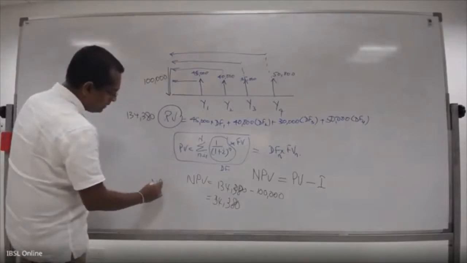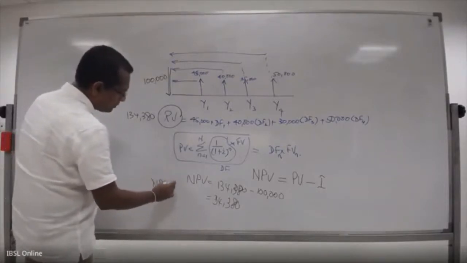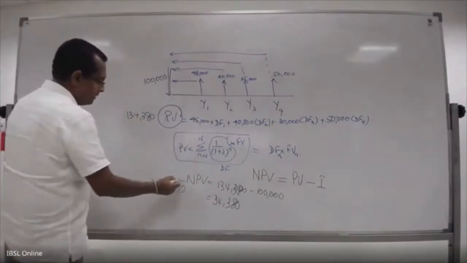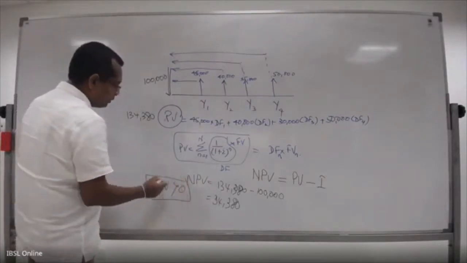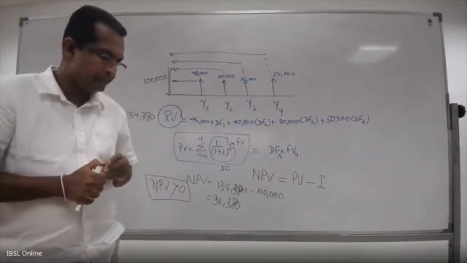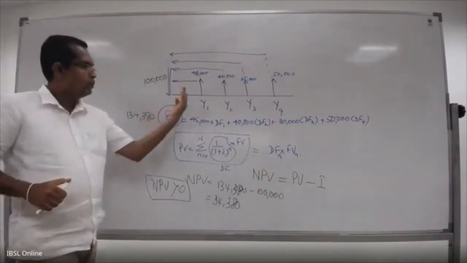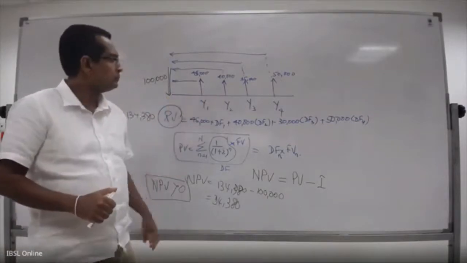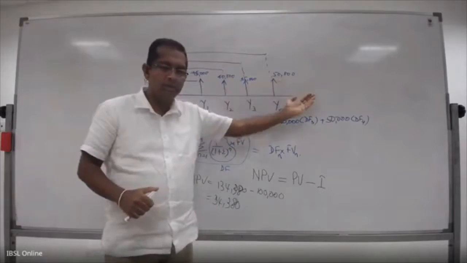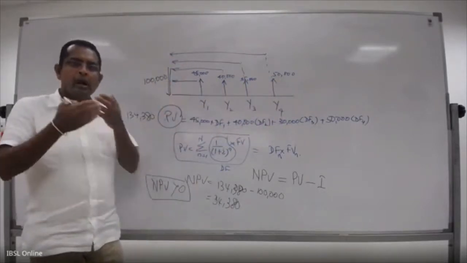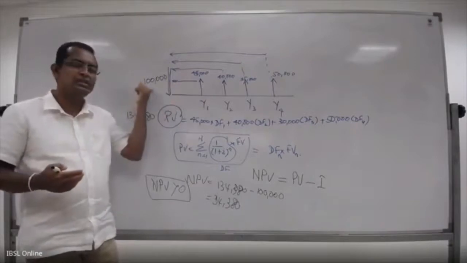NPV is greater than 0. NPV is greater than 0. That means positive, right? What does that mean? When you bring all your cash flows, which are projected, to today's value, it is higher than the initial investment of 100,000.